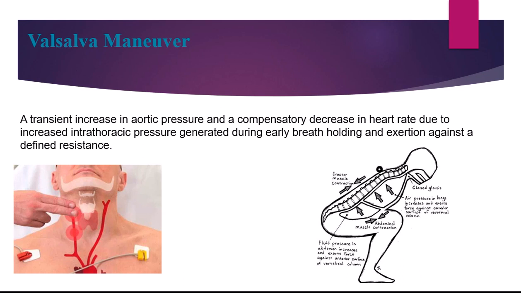Now, if vagal maneuvers don't work, we move on up to a drug that is called adenosine. We'll have a pharmacological section, but for right now, what I wanted to tell you is that adenosine basically stops the heart.